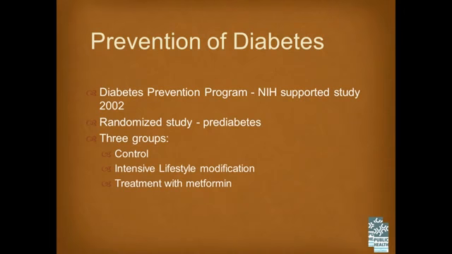So what does the research tell us about diabetes prevention? The Diabetes Prevention Program was an NIH-sponsored study back in 2002 that looked at the ability to prevent diabetes in individuals who were diagnosed with pre-diabetes. The purpose of the study was to determine whether intensive lifestyle changes could stunt or prevent diabetes in those who are diagnosed with pre-diabetes.